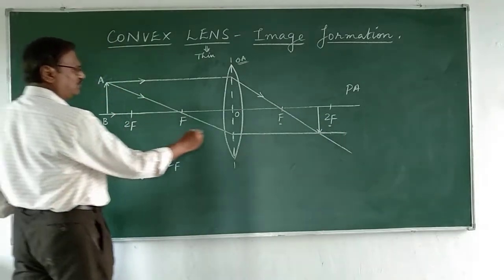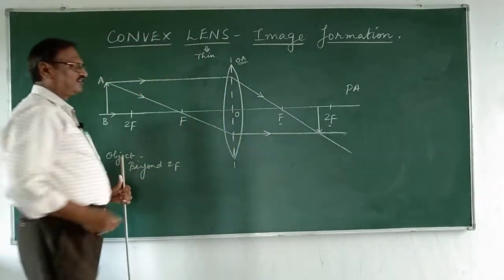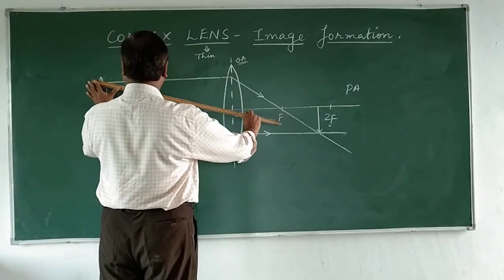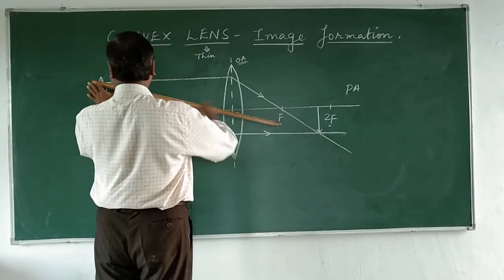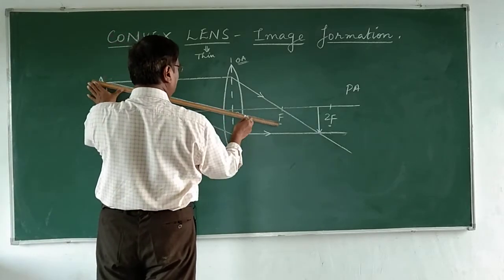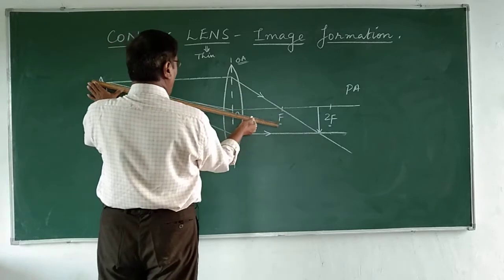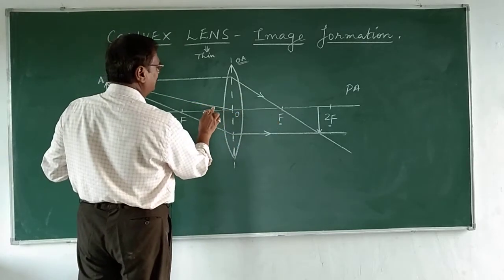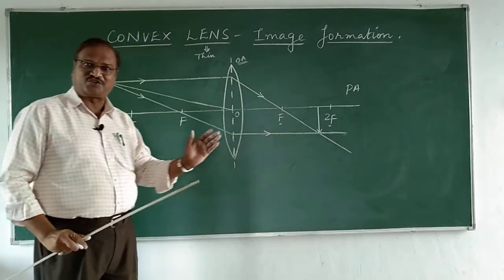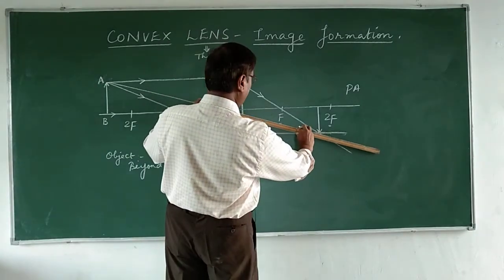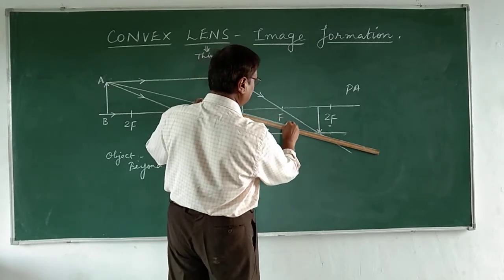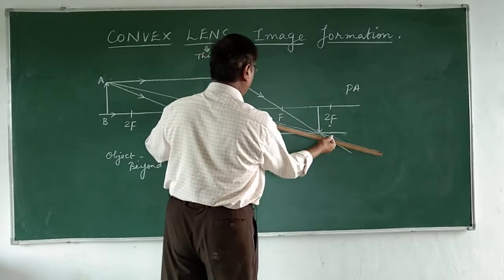Now, suppose somebody says, sir, only these two rays? No, we can take one more ray and pass it through the optical center. When it passes through the optical center, it will go without deviation.